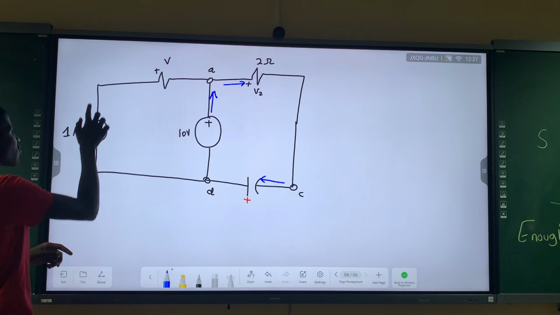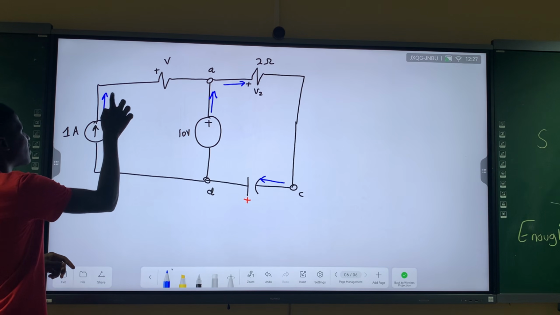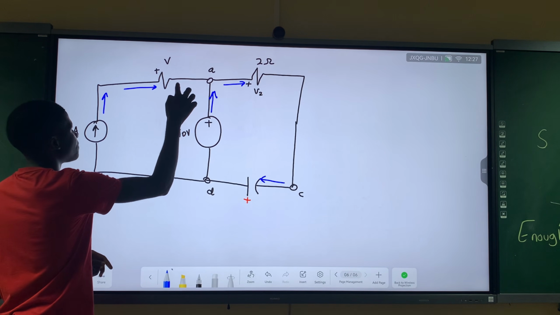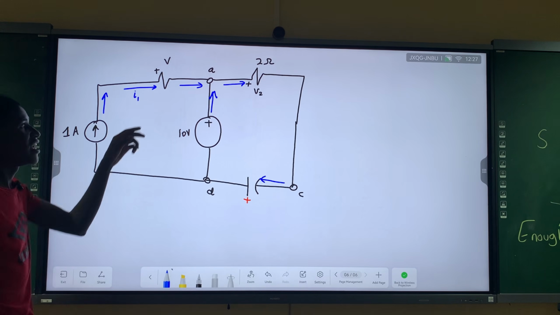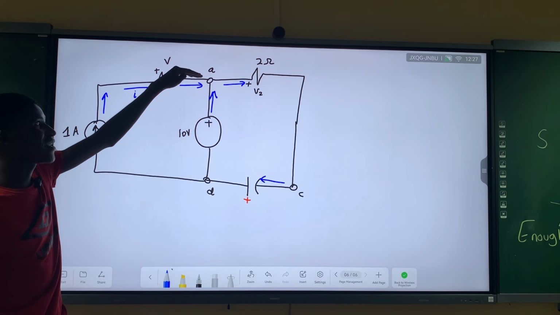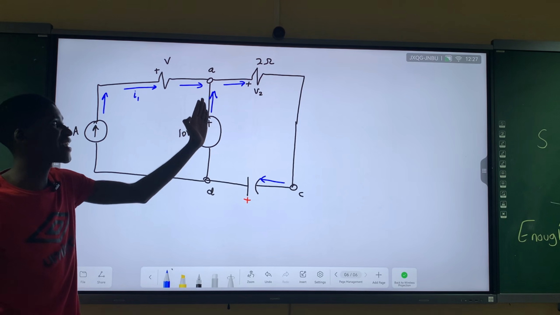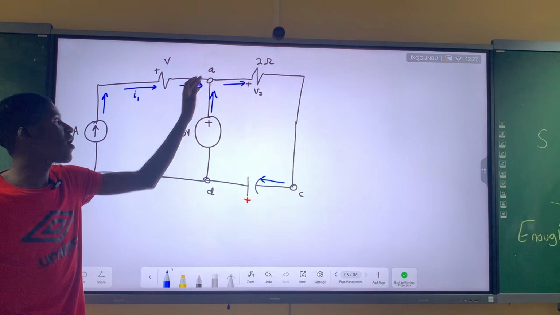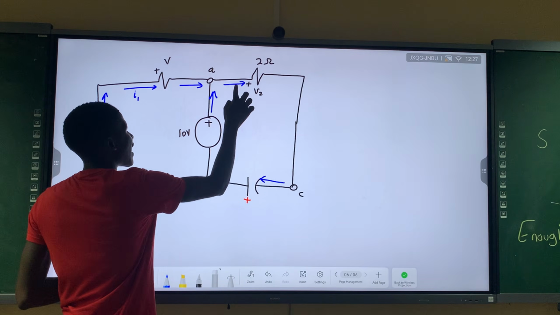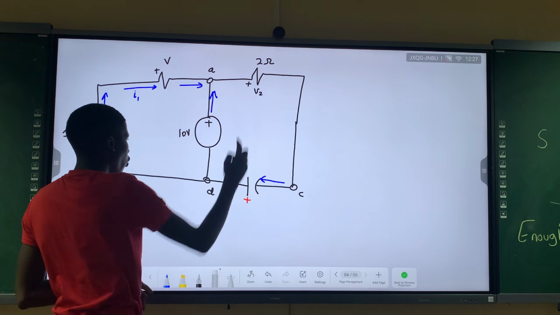And then the current source is 1 ampere. Let's just call it current I1. My figure, at this node, what does it do? It combines with the current from the voltage source of 10 volts. When they combine, they will form the current that will enter this 2 ohms.